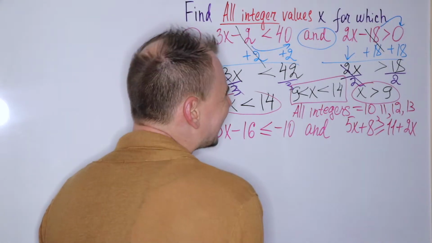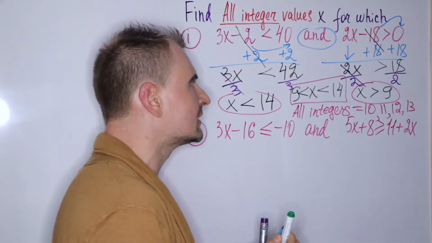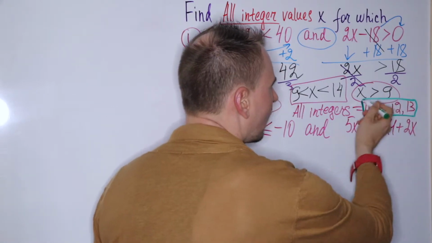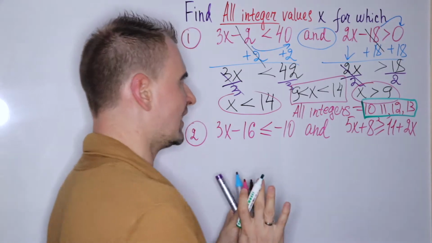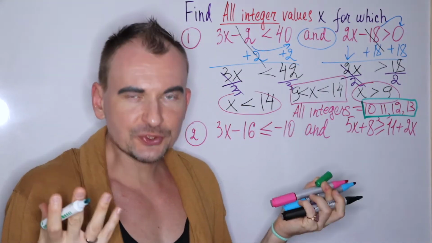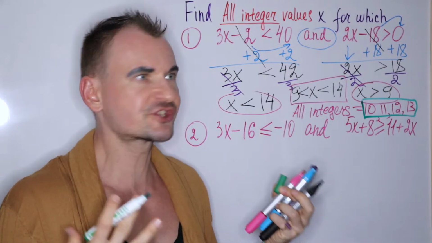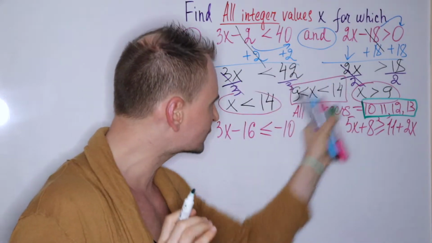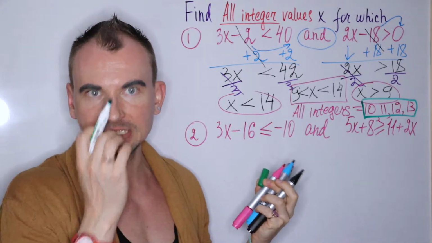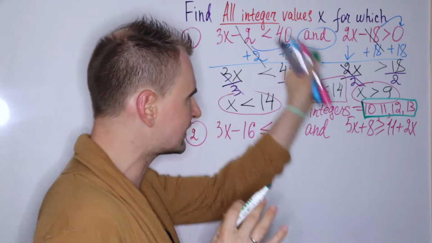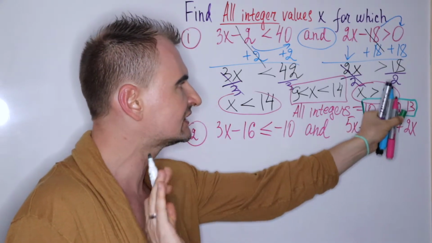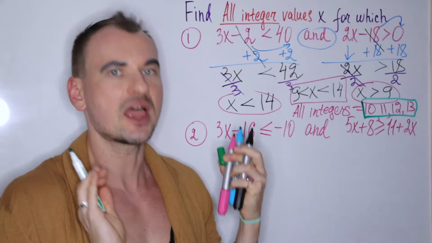Notice that 9 and 14 don't work for this inequality. They are not solutions, they are not roots, so they do not belong to the solution set, and they are not integers that work for this compound inequality. So it's going to be only 10, 11, 12 and 13.